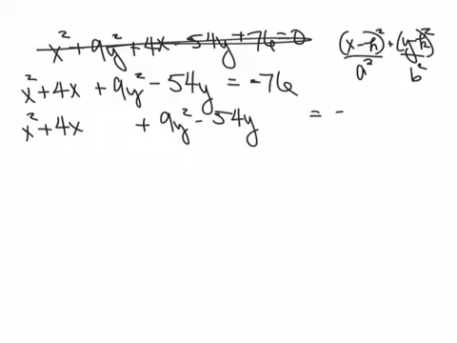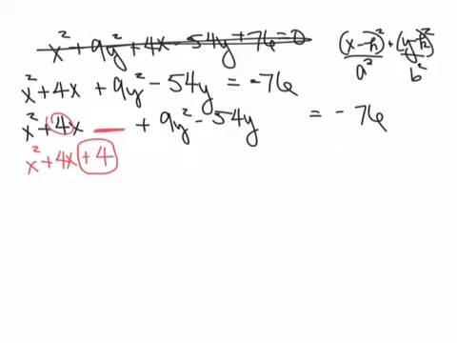Alright, so over here, for this third term, for the number that goes here, we're going to take half of that and square it. Okay, and we're going to circle that just so we remember it's there. Alright, and then we take half of that and square it and put it there.